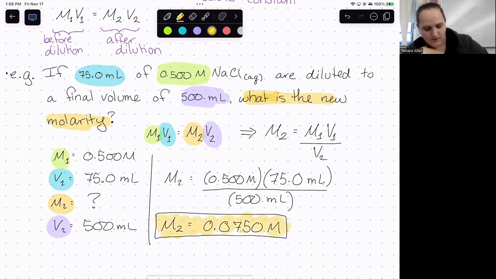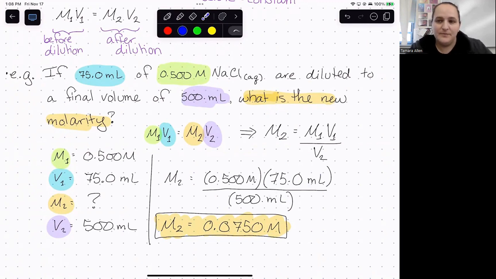So one thing to notice here is that I didn't convert these to liters, and it doesn't matter. Because it ends up being a volume ratio, as long as your volumes are in the same unit, it doesn't matter what that unit is.